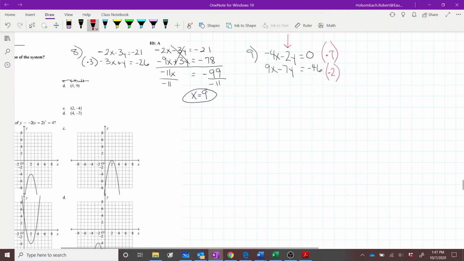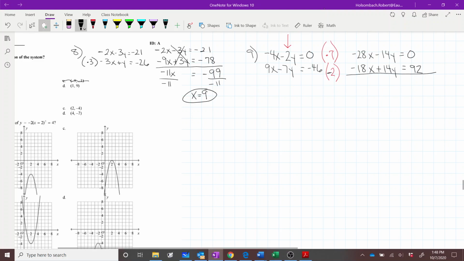So here's what this will look like. Negative 4x times 7 is negative 28x minus 14y equals 0. And 9x times negative 2, that's negative 18x plus 14y equals negative 46 times negative 2, 92, negative times a negative is a positive.